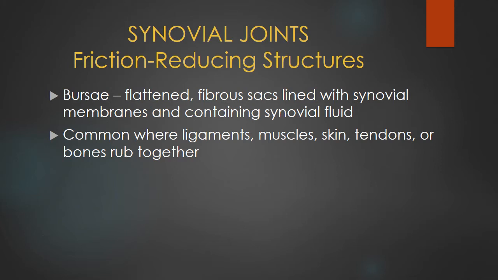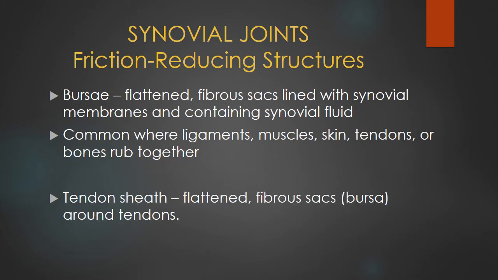The purpose of bursae is to create friction-reducing surfaces for areas where there are repetitive motions of tissues. So we find bursae commonly where ligaments, muscle, skin, tendons, or bones either rub together or rub across each other. And we're going to see that the shoulder and the knee are replete with bursa sacs.